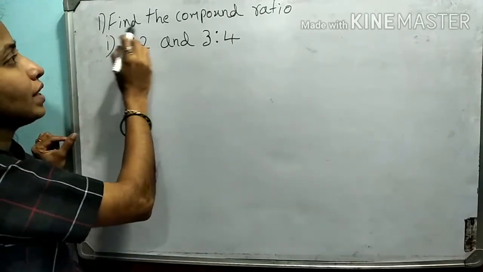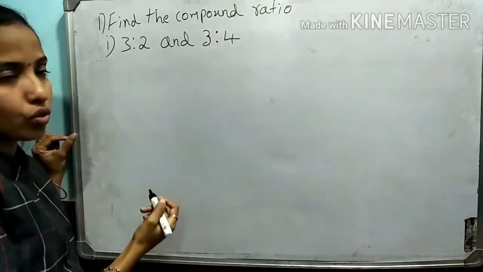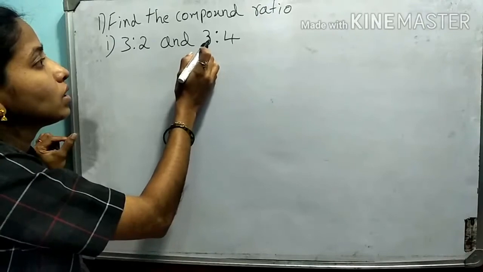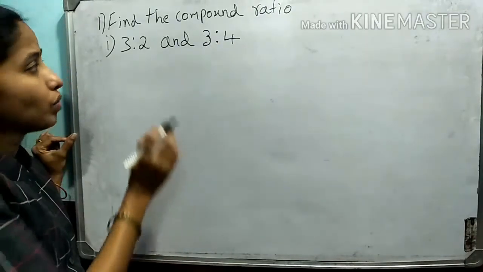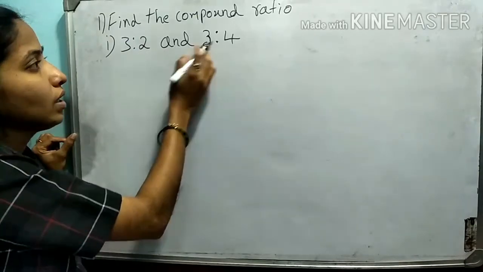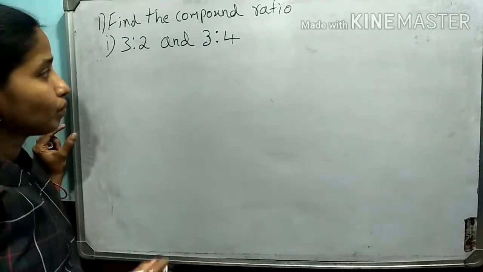Here, find the compound ratio. In that first one, 3 is to 2 and 3 is to 4. We have to find out the compound ratio of 3 is to 2 and 3 is to 4.